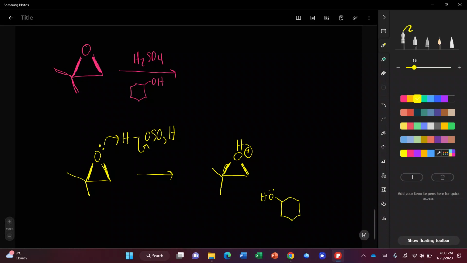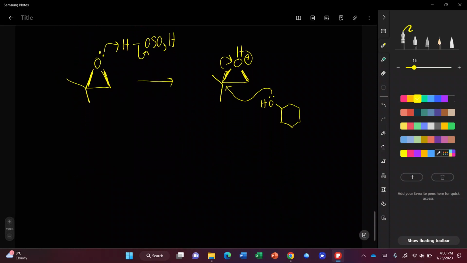So it's going to do an SN2 reaction on the tertiary center. Okay. And I know I've said, or hopefully your professor has said multiple times, that you don't do SN2 chemistry on a tertiary center. Epoxides are just a little bit different. Like I said, the strain of this ring is incredibly high, and so this is a rare case where you in fact do an SN2 reaction at a tertiary center.